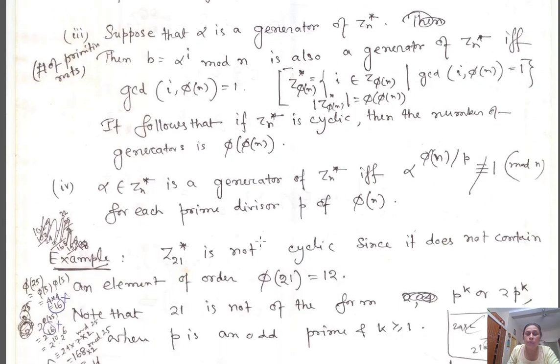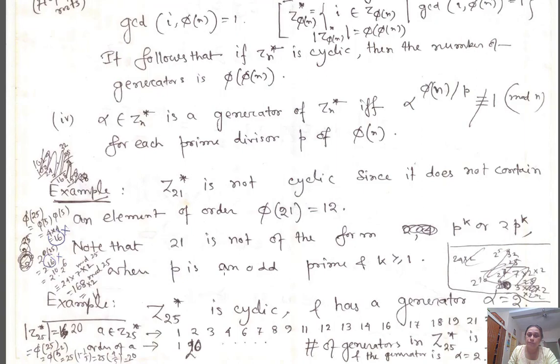It is a product of 2 primes, 3 and 7. So Z21 star has no primitive element or generator, because it does not contain any element of order phi 21, which is 12. And 21 is not of this form, so that's why this group is not cyclic.